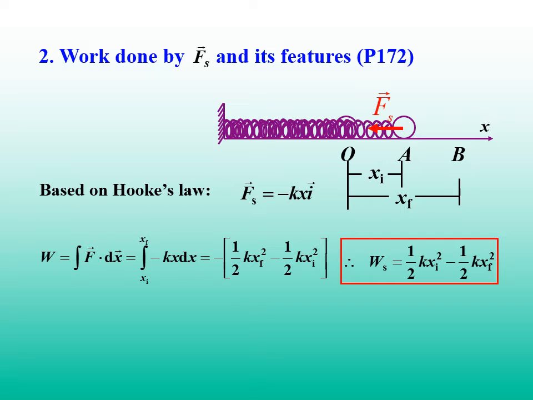So Ws equals 1/2 k xi squared minus 1/2 k xf squared. To our surprise, the spring force and the gravitational force have the same features.